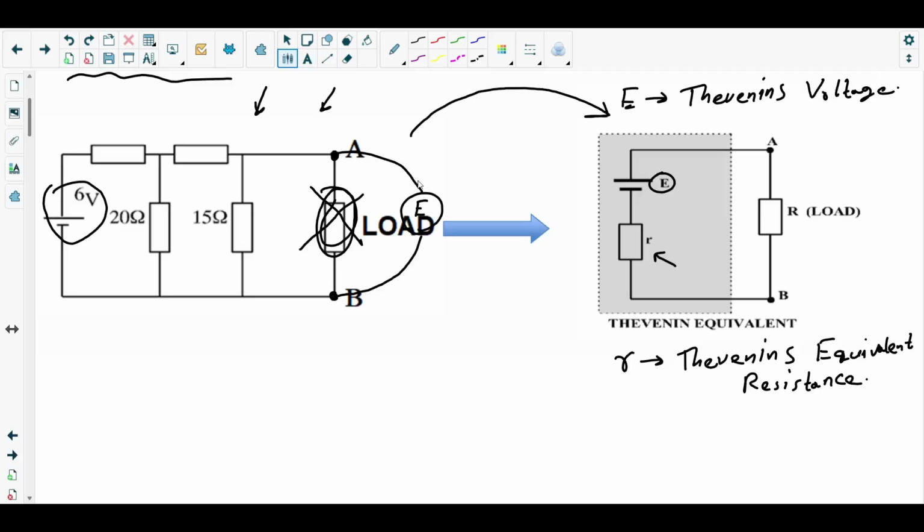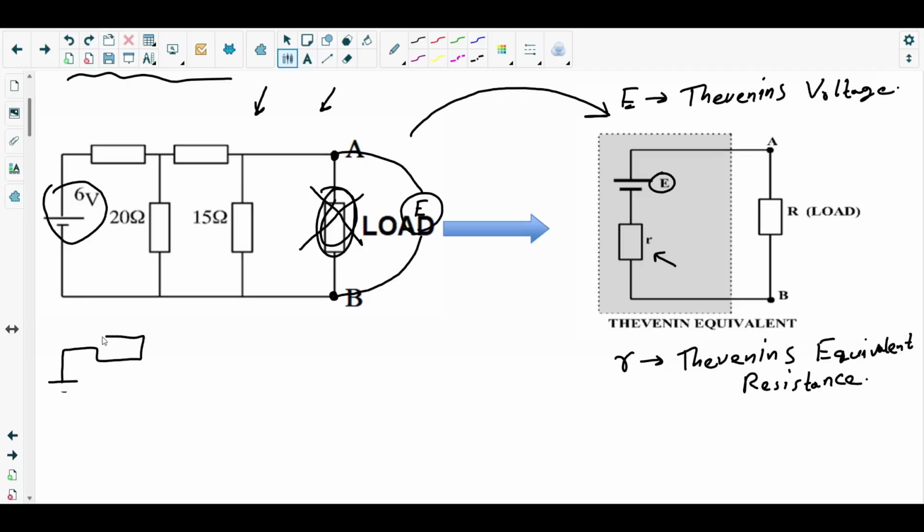And Thevenin's equivalent resistance. Thevenin's equivalent resistance is the total resistance, that is, the equivalent resistance of all other resistors except the load resistor. After the load resistor has been taken out, let me draw the circuit again, just at the bottom.